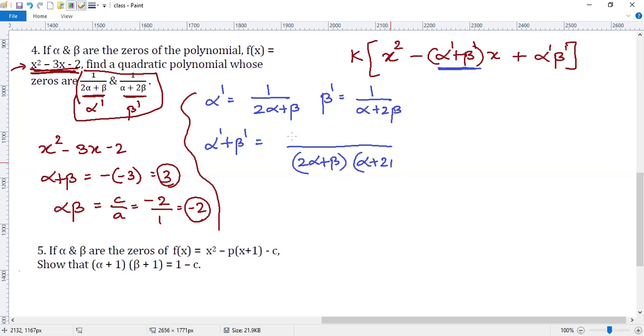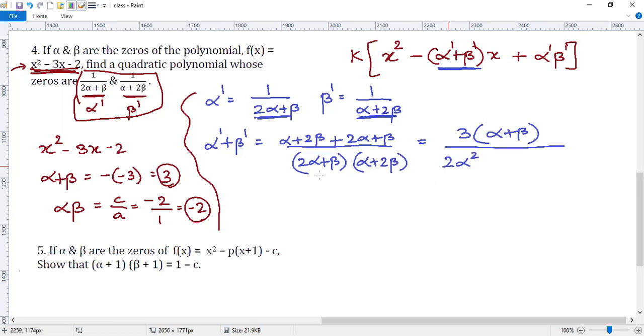So மேல என்ன numeratorல add up ஆகும்? Alpha plus 2 beta. இந்த term இங்க மேல வரும். And இந்த term இந்த sideல மேல வரணும். இல்லையா? Plus 2 alpha plus beta. So when you simplify this, you will get it as 3 alpha plus 3 beta or 3 times alpha plus beta. Numerator simplify பண்ணிக்கலாம். Denominatorல பாத்தீங்கன்னா you have to multiply term by term. என்ன வரும்? 2 alpha squared. Correct?